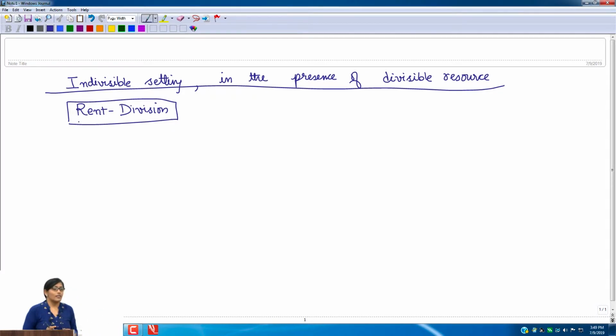Let's assume that there are a bunch of friends, let's say n friends, and they all want to share an apartment having n rooms.